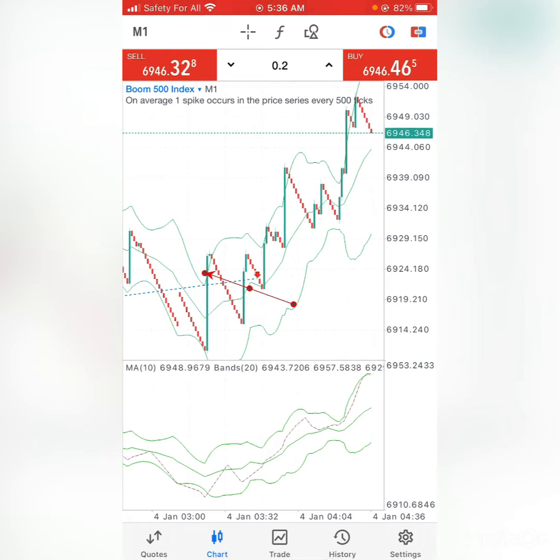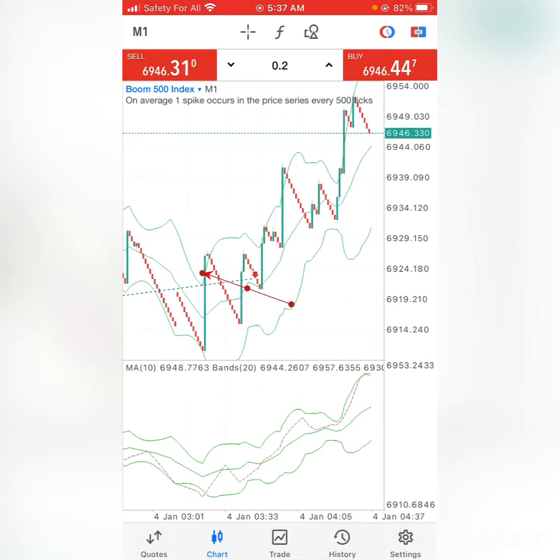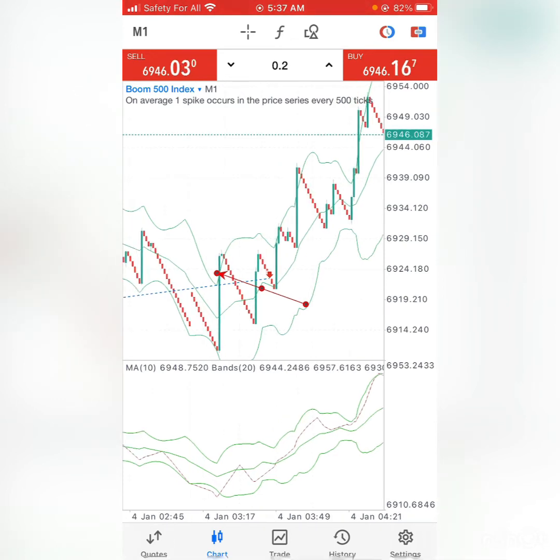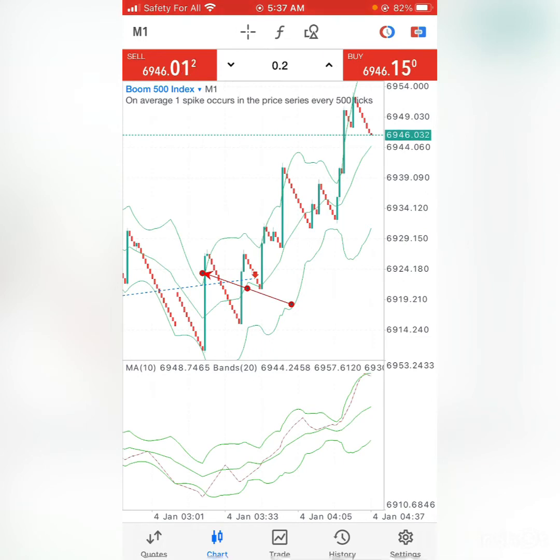Don't forget this. You trade Boom on uptrend. Now, the Boom 500 and the Boom 1000, you trade on uptrend. This is very important because it gives you a clearer way of catching spikes with this strategy.